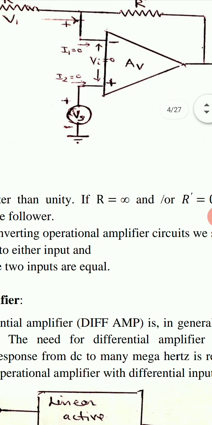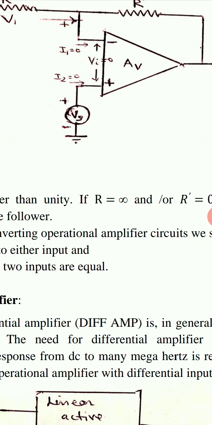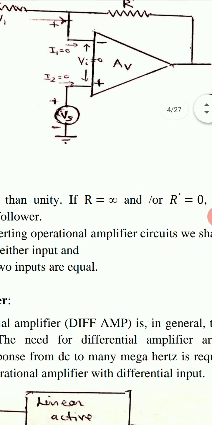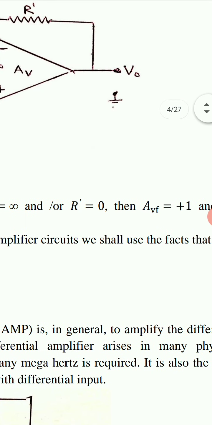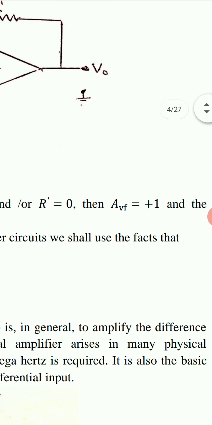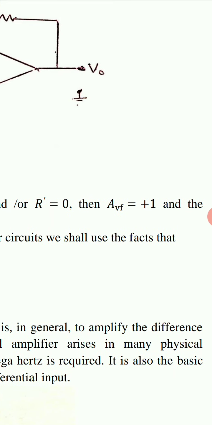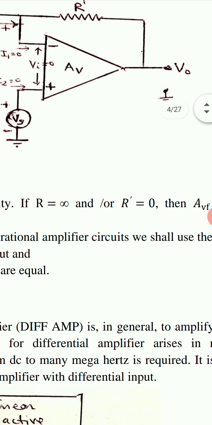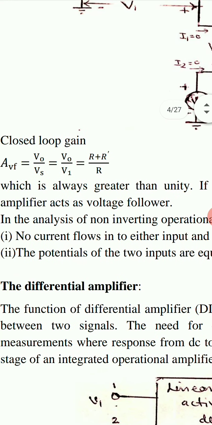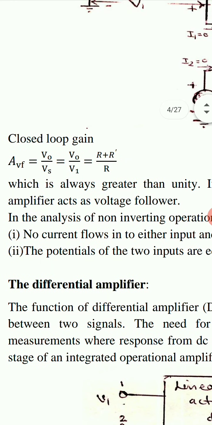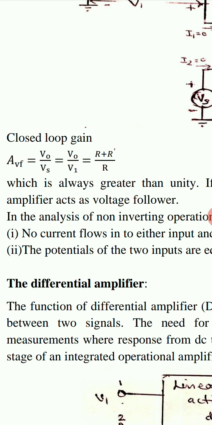Voltage gain with feedback becomes plus 1, output voltage obtained will be equal to input voltage and in the same phase. And in this way this operational amplifier acts as a voltage follower.